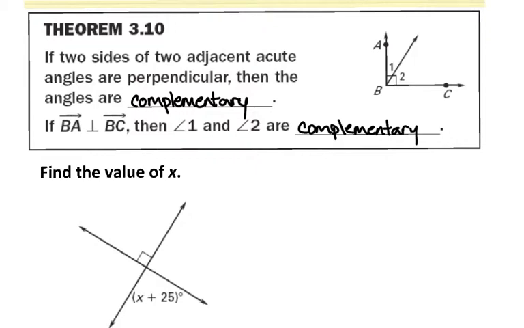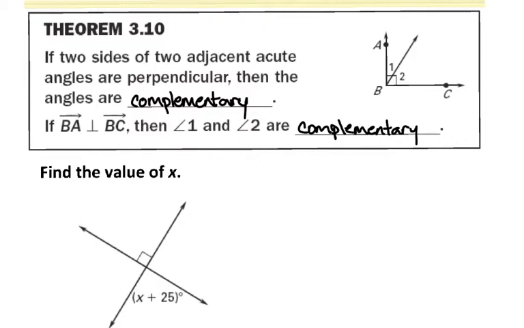So let's look at this example here. It just says find the value of x, and that's what the next three examples ask us to do. We're going to be using these three theorems to help us find this value of x.